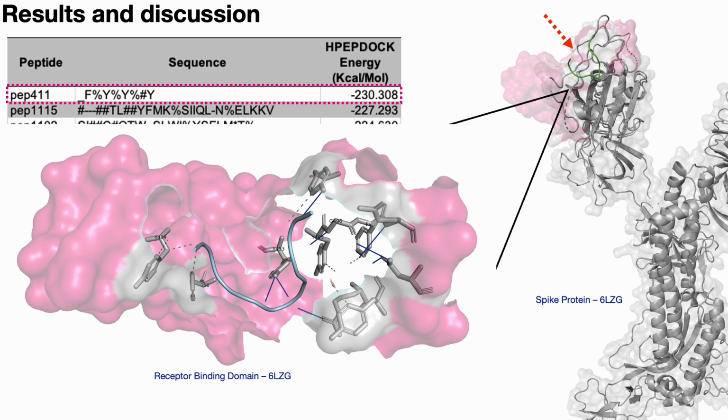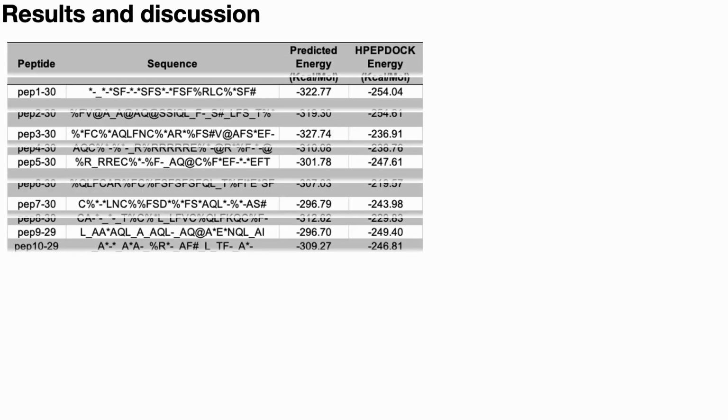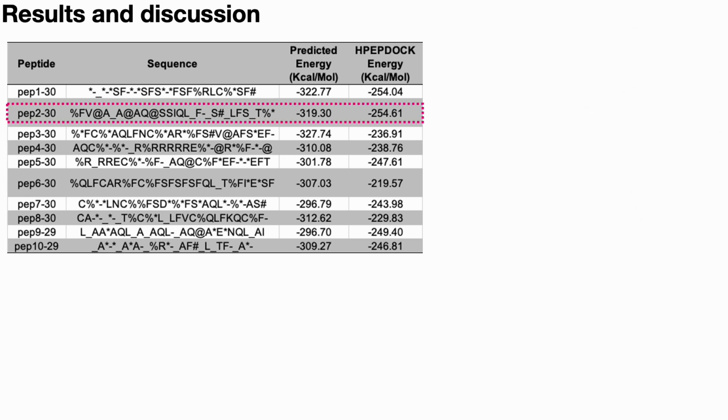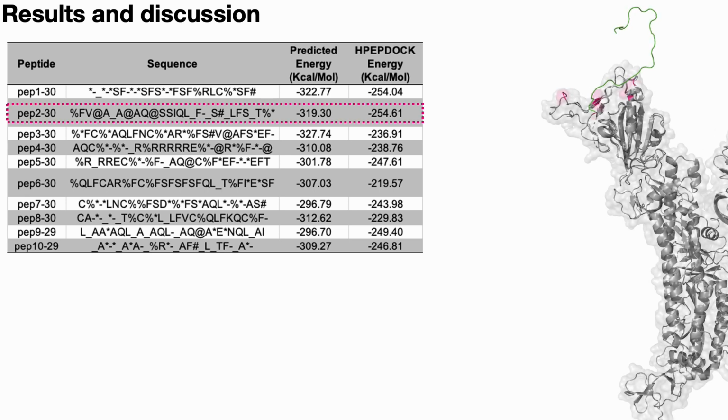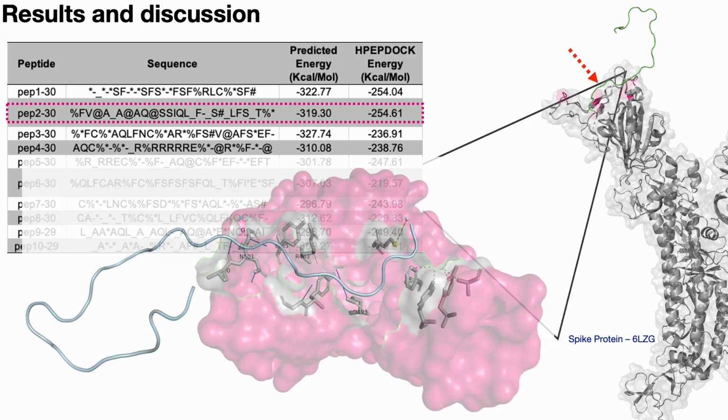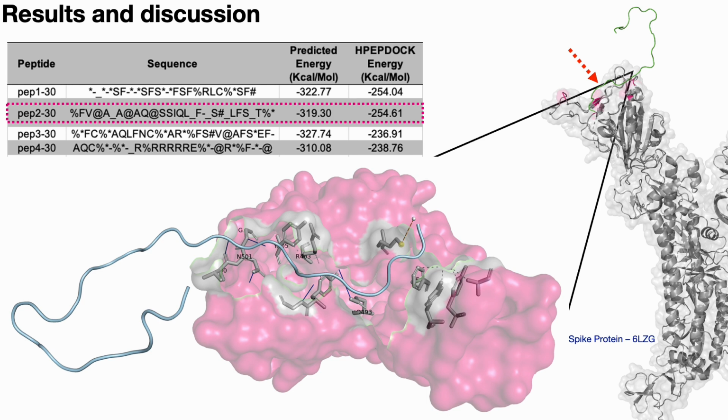And our best surrogate model is peptide 230. We have a better energy value of minus 254 kcal per mole in the RBD region of the spike protein. So we have this map in the spike region with the best energies.